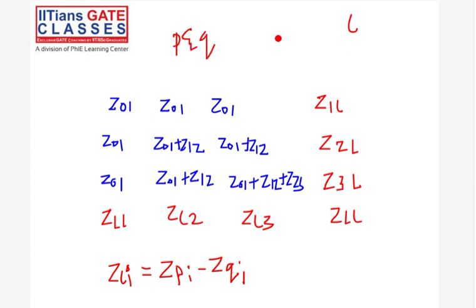P would be 1, Q would be 3. So set L1 would be this element minus this, this element would be this minus this, and this element would be this element minus this. Similarly, this element minus this, and this element minus this, right?